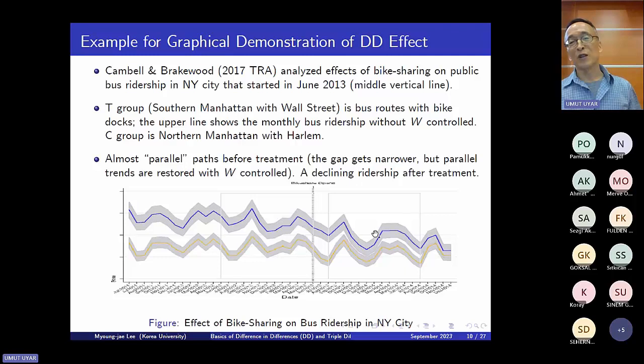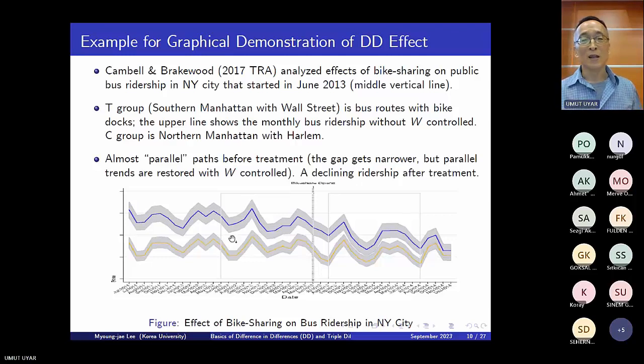After the treatment timing, you can see the Manhattan bus ridership drops, and it nearly overlaps with the control group outcome around here. So this figure graphically shows that the effect of this bike sharing system is to reduce public bus ridership.